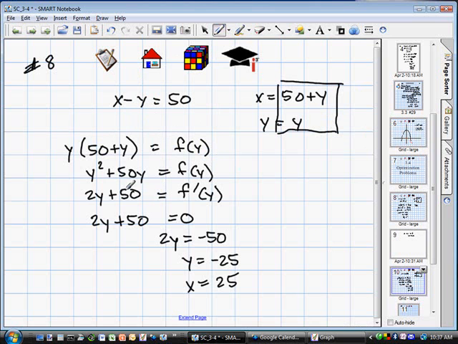Now I set it equal to 0. Oh, by the way, take a look at the polynomial. This time it's y squared plus 50y. Is that a parabola? Yep. You normally think of them as being x's, but don't let that bother you. And the fact that the thing in front of the x squared is positive, what does that tell you about our parabola?